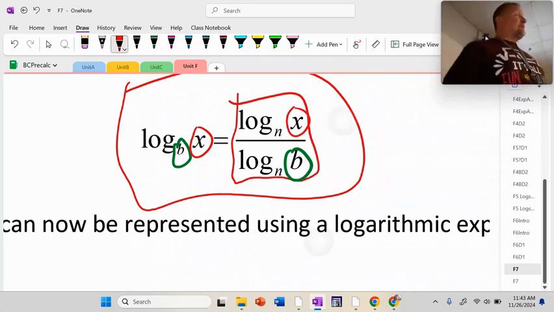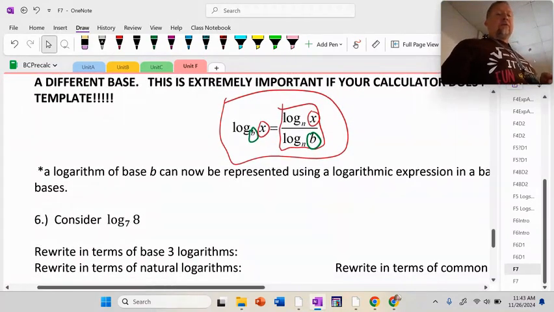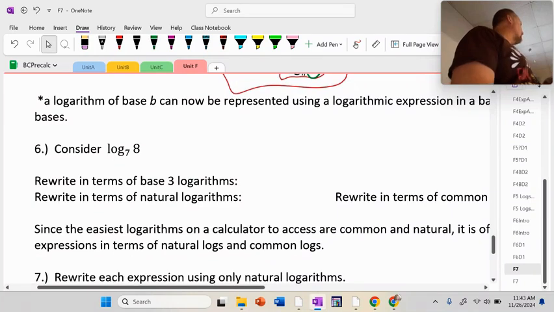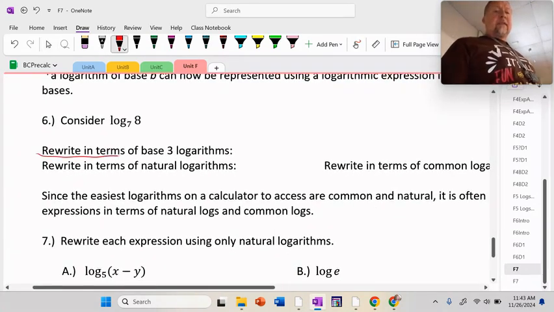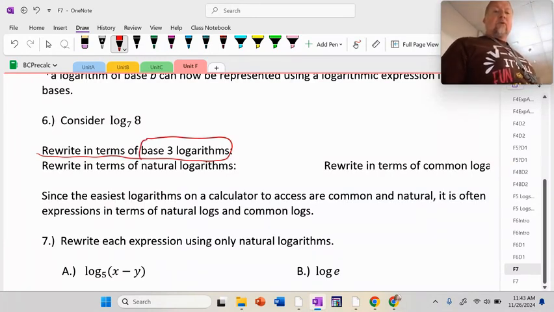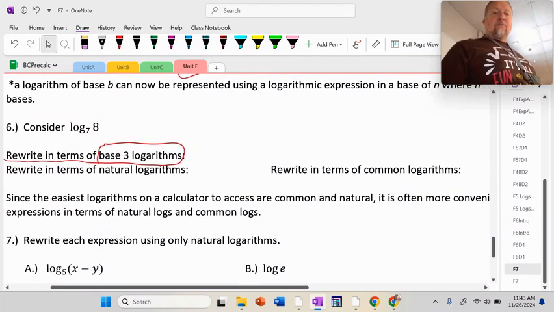And that was not really that long ago. It's probably about the mid 2013, 14 that some of these calculators started coming out with that actual button. So when they say rewrite this in terms of a base 3 logarithm, this would equal, rewrite in terms of natural log. Okay, so I've got not much room here.